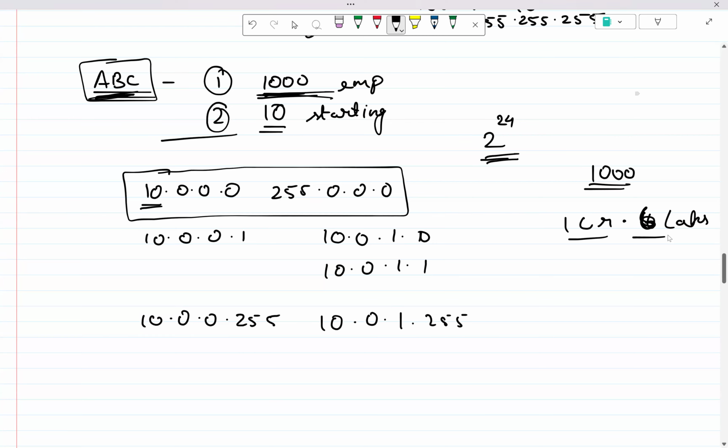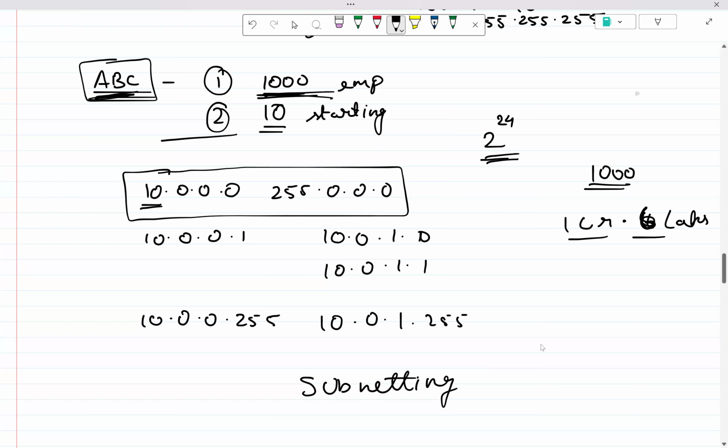Your class A useless IP addresses are saved, right? And that process of saving IP addresses, so that the minimum wastage of IP addresses happens, is basically called subnetting.